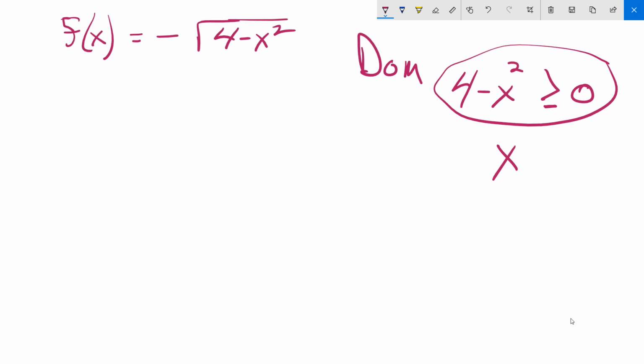Radical 4, so x has got to be less than or equal to 2. And greater than... Let's see.